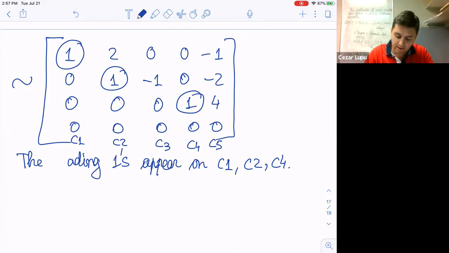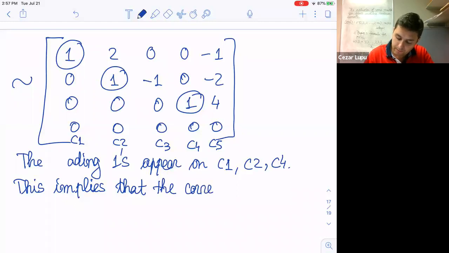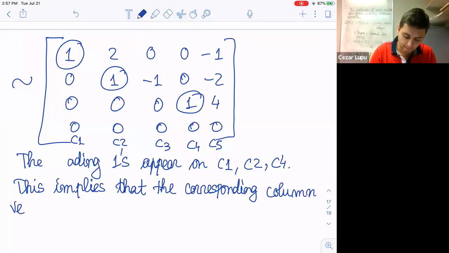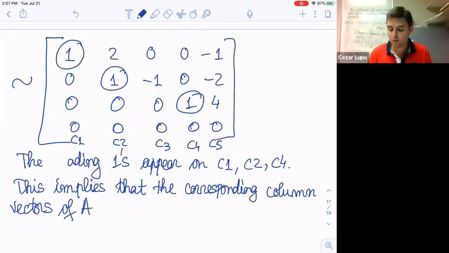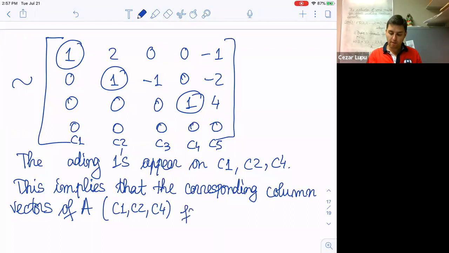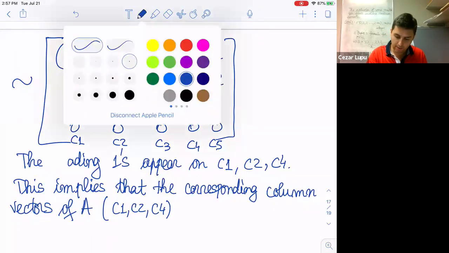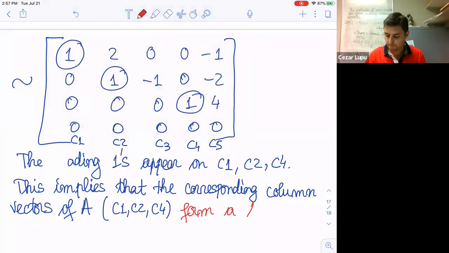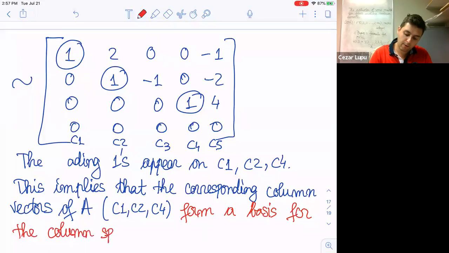This implies that the corresponding column vectors of A, in this case C1, C2, C4, form a basis for the column space of A.